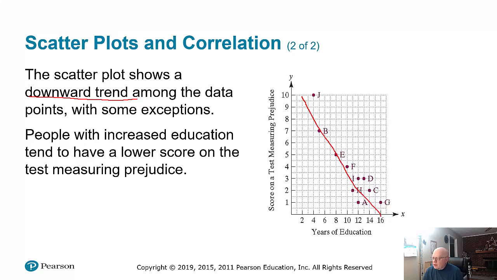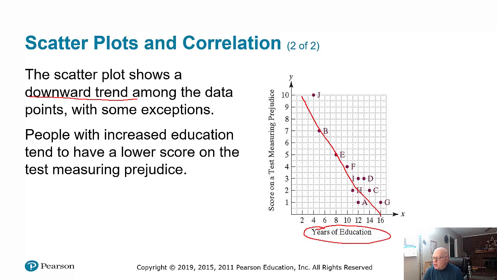So if you look at what the X and the Y represents, this represents how many years of education. So as you're scanning from left to right, you're looking at dots that represent people that have more education than the ones on the left.